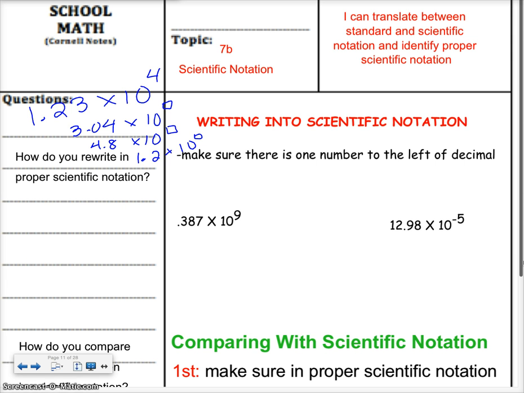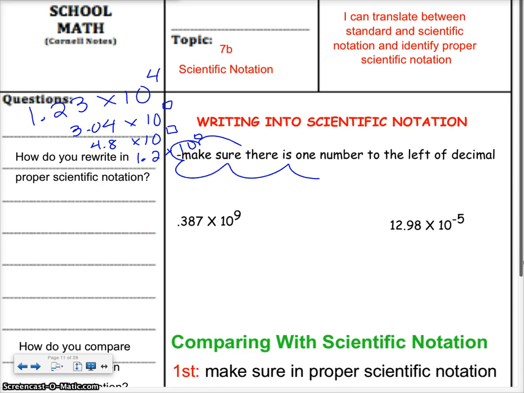Notice there was always one digit to the left of the decimal, and that's proper scientific notation. The definition of scientific notation is that the leading number is between 1 and 9, and that's from our notes yesterday. So sometimes we have to convert numbers around to turn them into proper form.